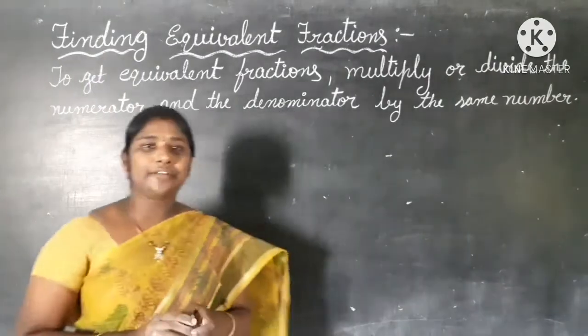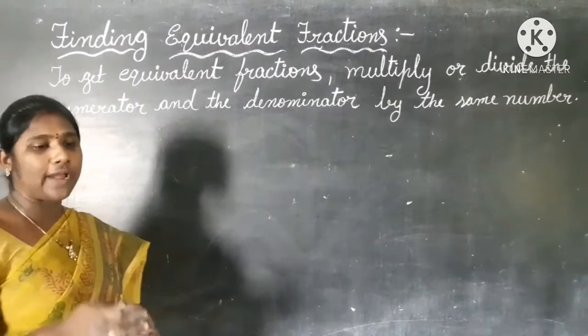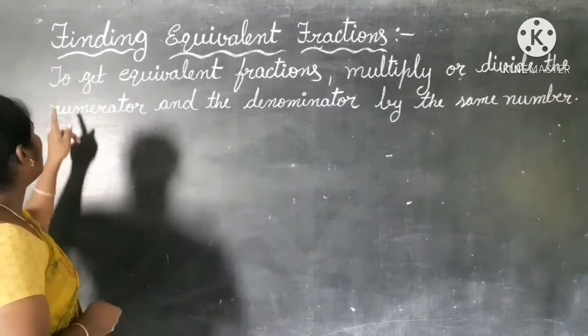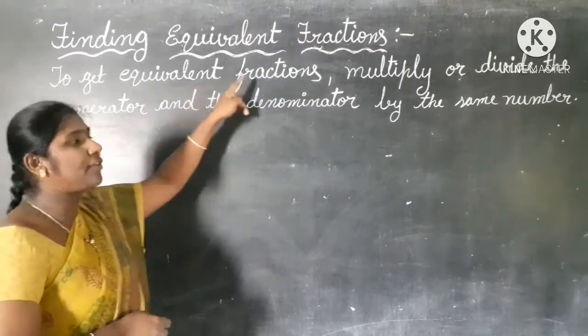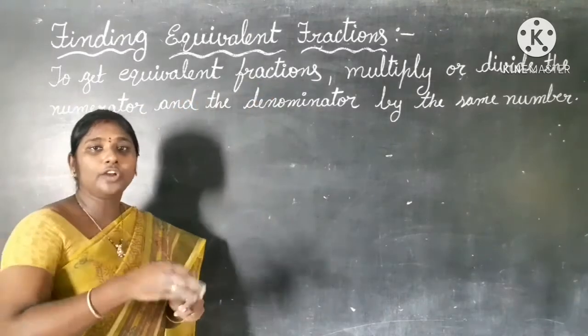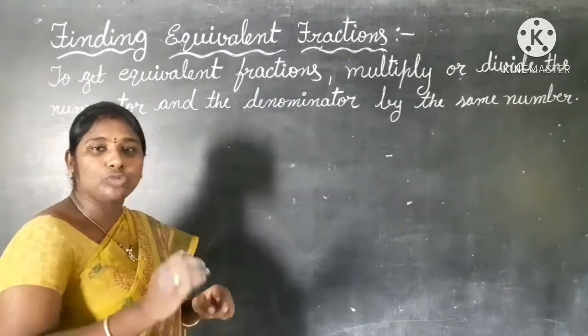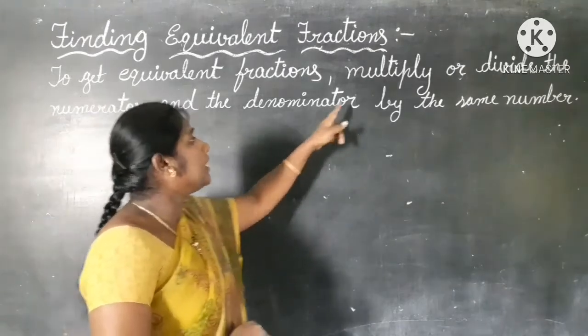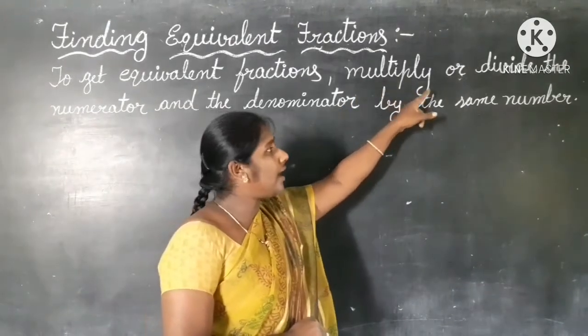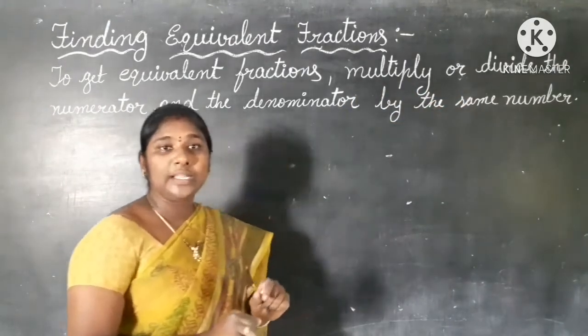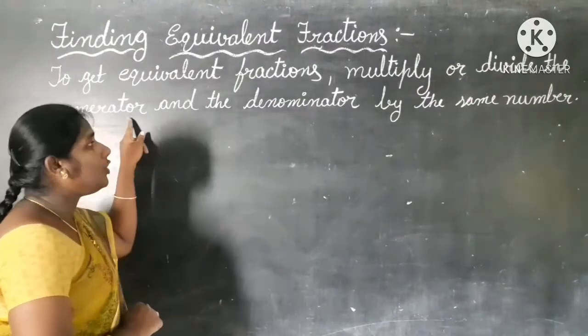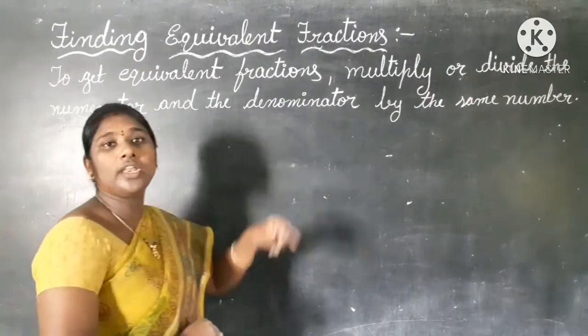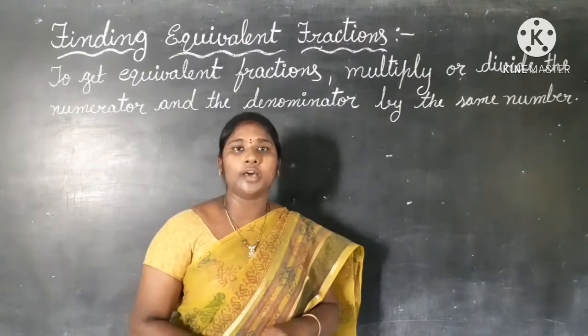Finding equivalent fractions. How should we find equivalent fractions? To get equivalent fractions, multiply or divide the numerator and the denominator by the same number.